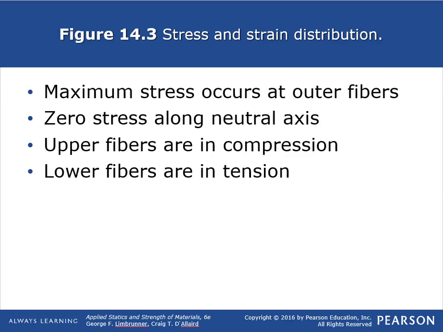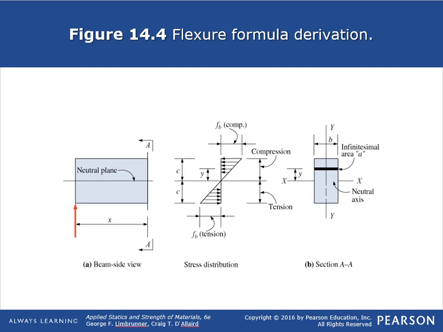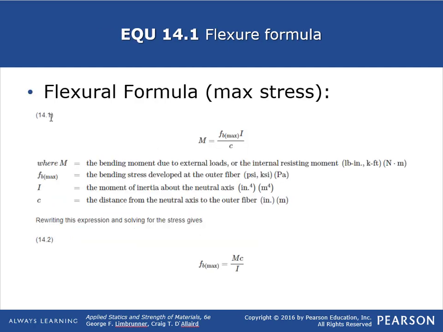And then we're going to derive the so-called flexure formula. I can let you do that in your textbook. But here is the formula. It's equation 14.1. M is the bending moment. Bending moments are causing the tensile and compressive stresses in the beam.